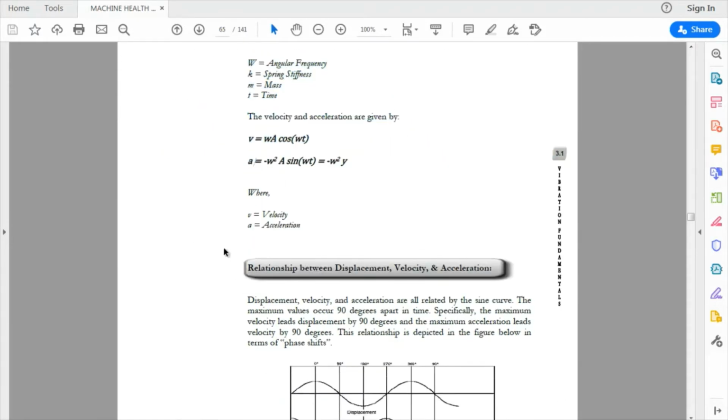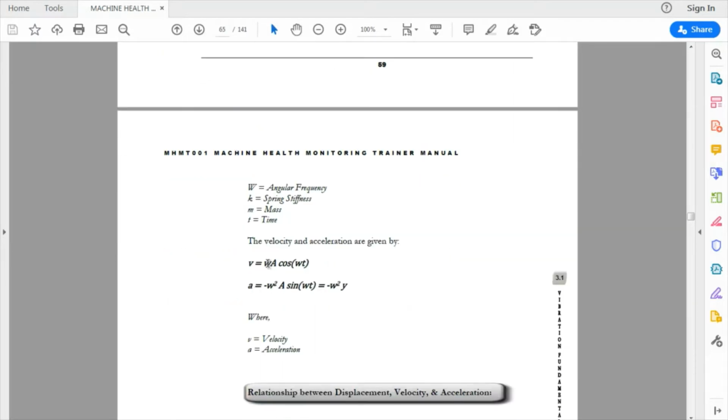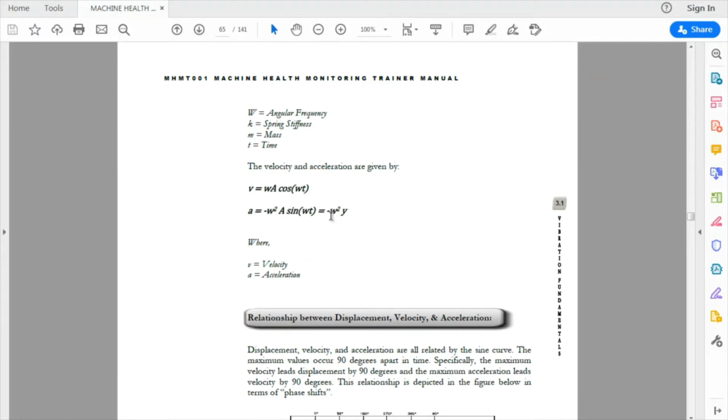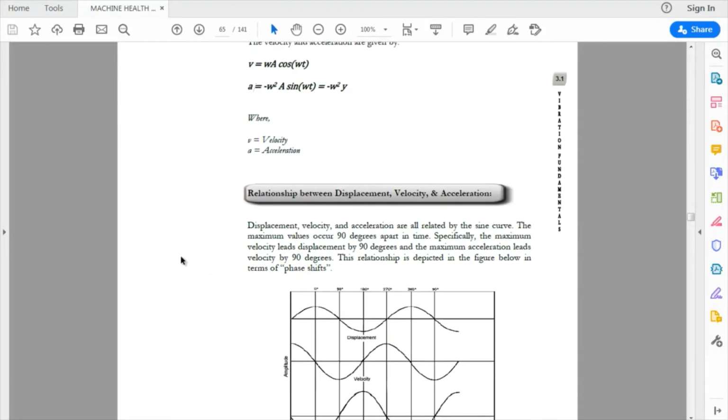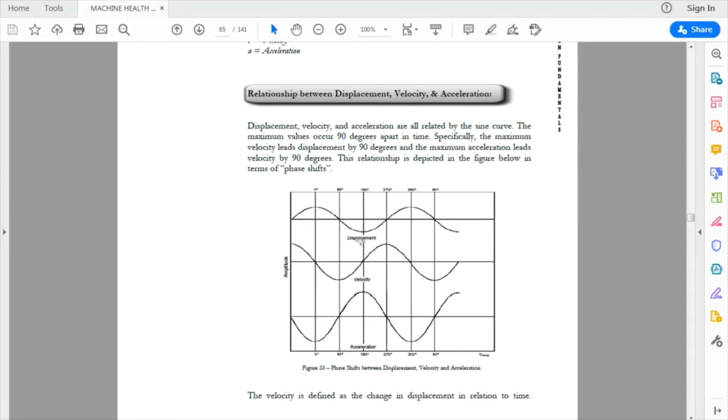Good. If you want to see the relation between displacement, velocity, and acceleration, we can compare A sine, omega A cosine, and minus omega square y itself, which is sine, and we find that we have some differences. This curve is for displacement, this is velocity, and this is acceleration.